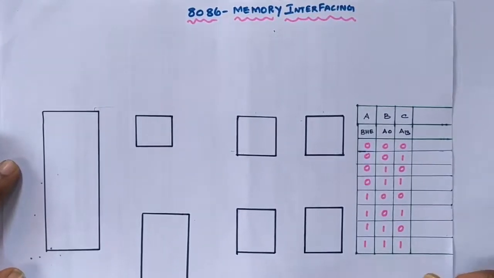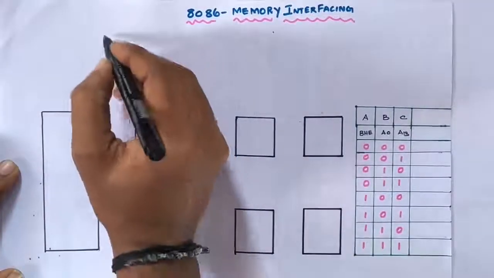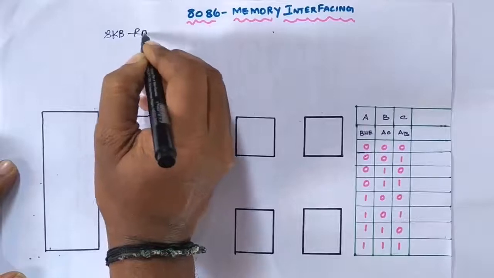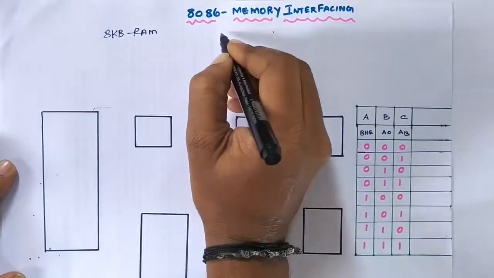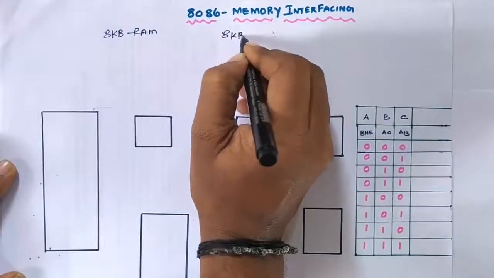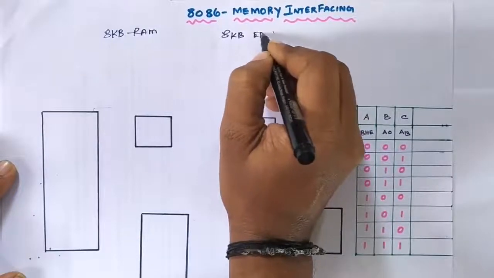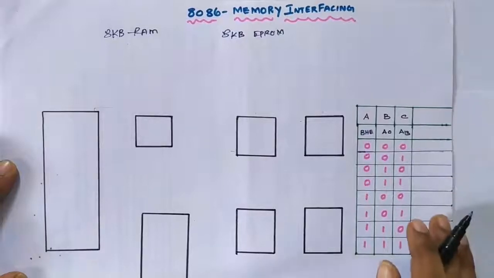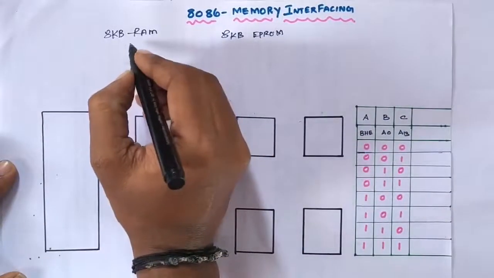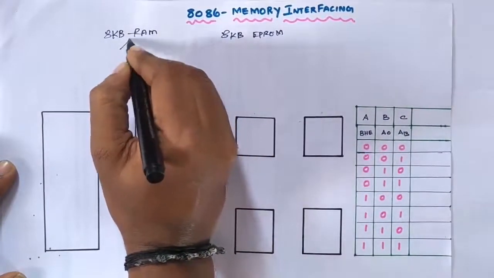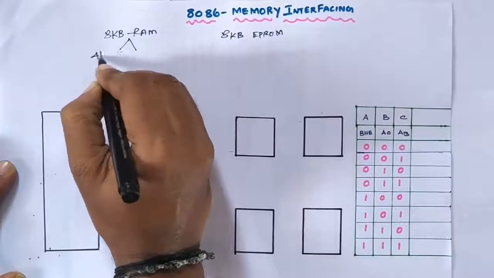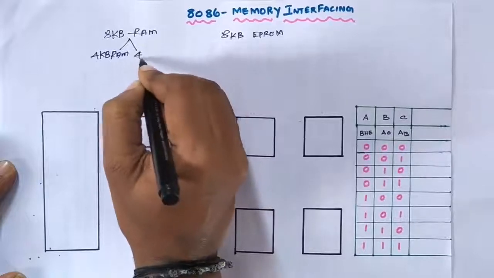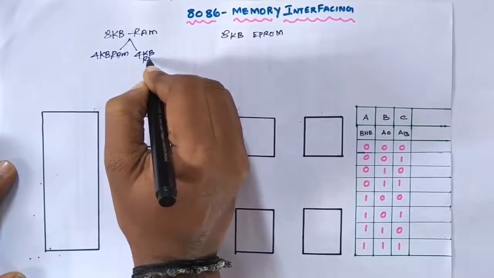According to the problem, we need to interface 8 KB RAM and 8 KB EEPROM with the Intel 8086 microprocessor. This 8 KB RAM is further divided into a 4 KB RAM and another 4 KB RAM.